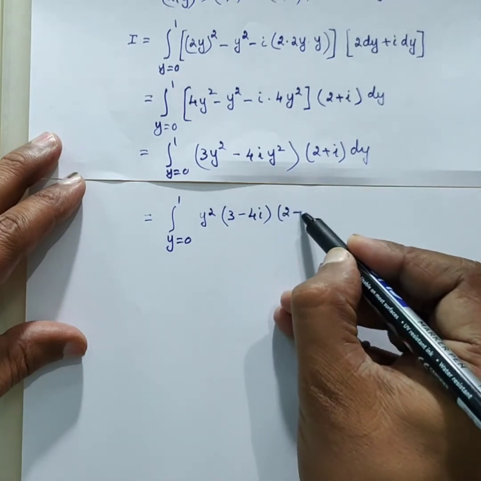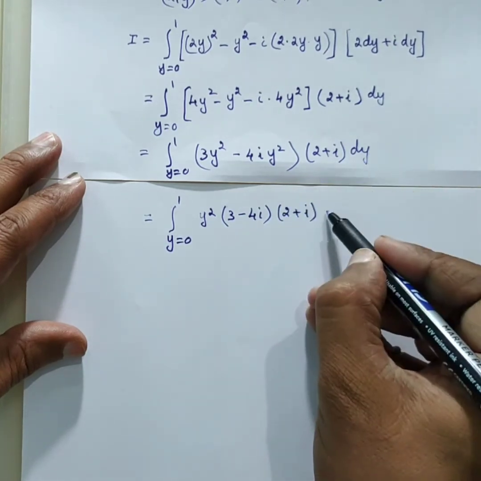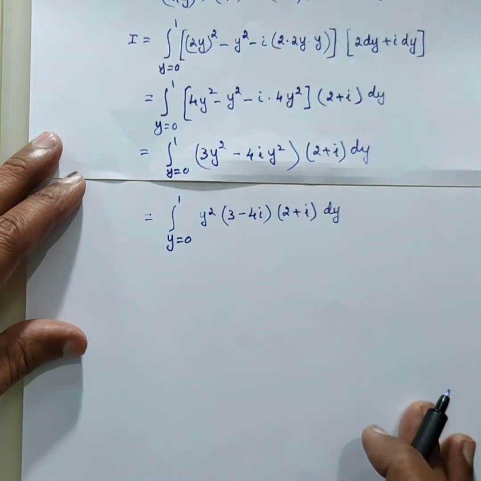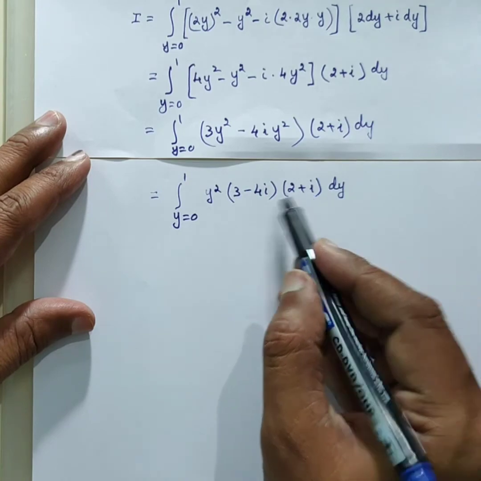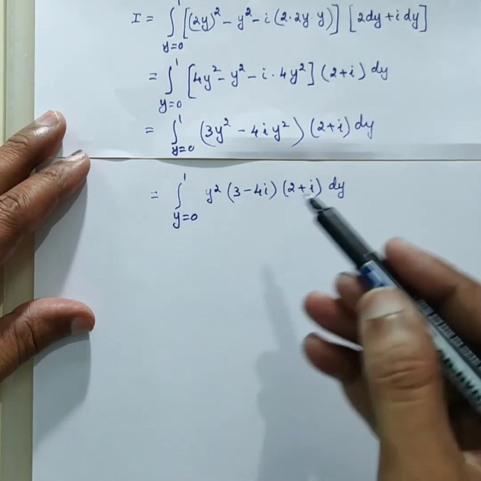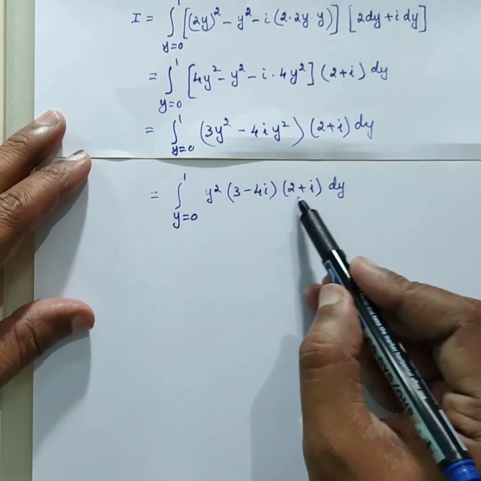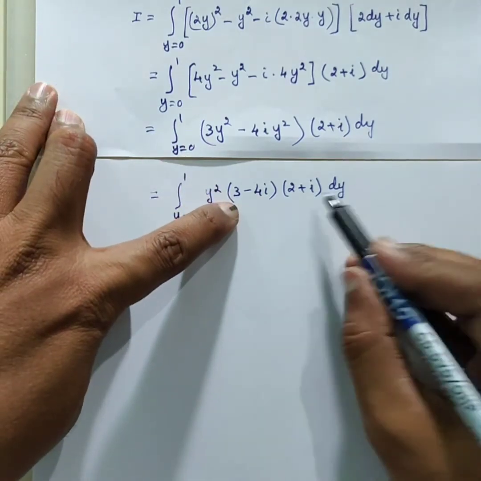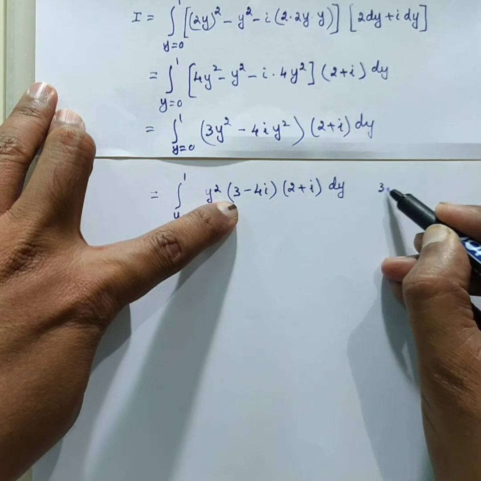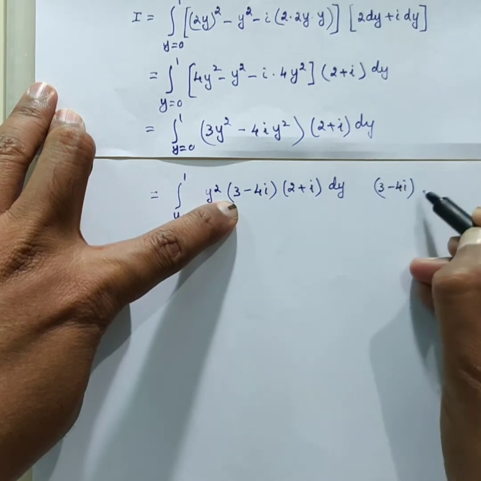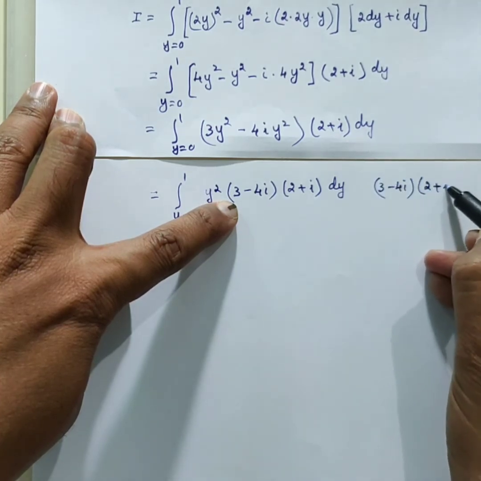Here 2 plus i will be as it is, times dy. However, this 3 minus 4i and 2 plus i are constants, so you can take them outside, or you can multiply 3 minus 4i with 2 plus i. So just try to multiply 3 minus 4i with 2 plus i.